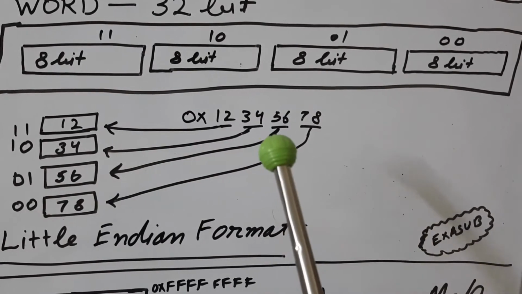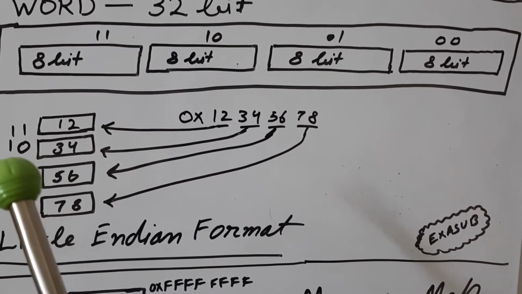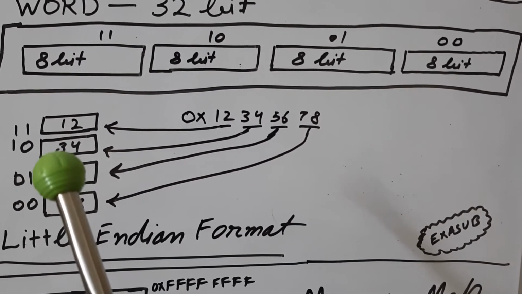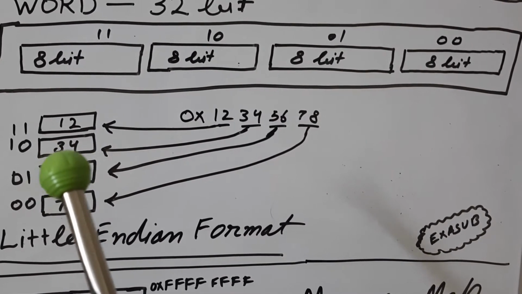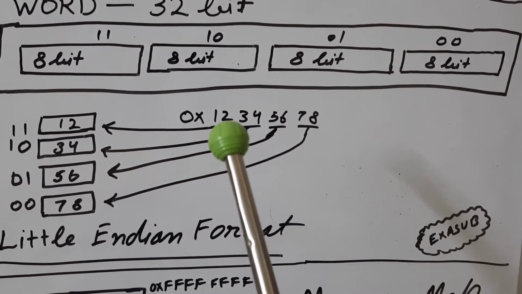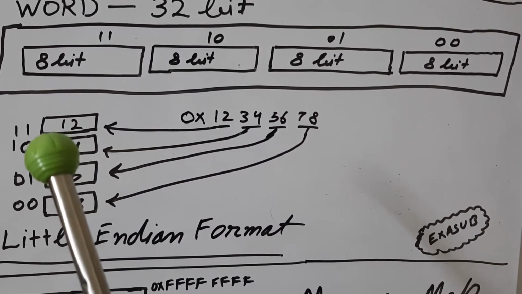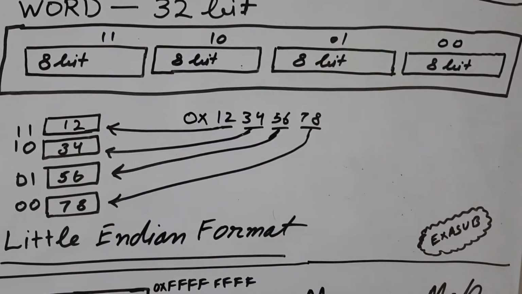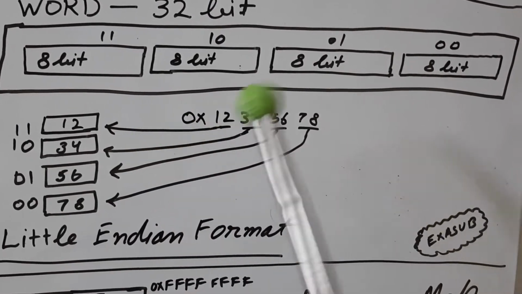Then 34 goes into the next memory location, that is 2, and the MSB pair, 12, goes into the highest memory location, which is 3. So this is how it is represented in memory.